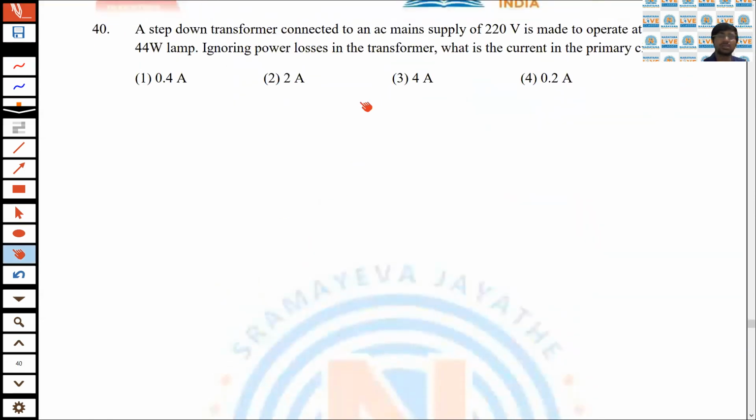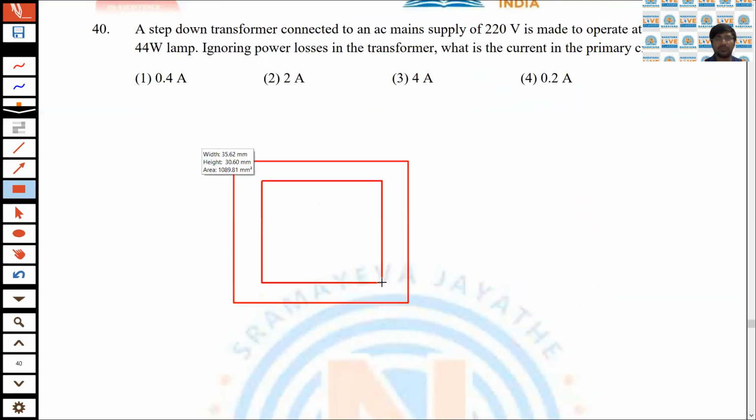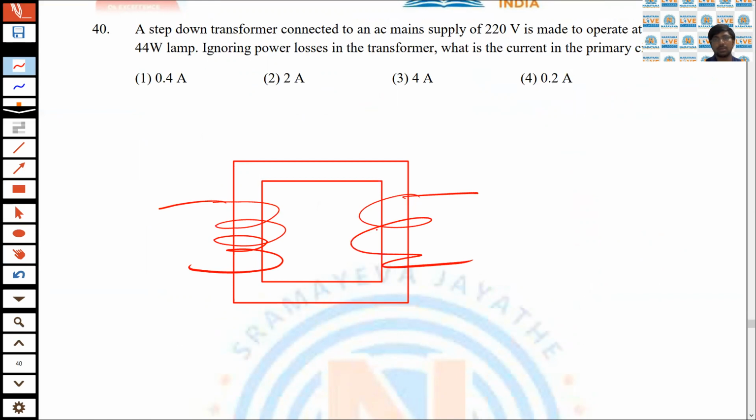A step down transformer connected to an AC main supply of 220 volts is made to operate at 11 volts, and the power output is 44 watt. So considering an ideal transformer, the power input is also 44 watt.